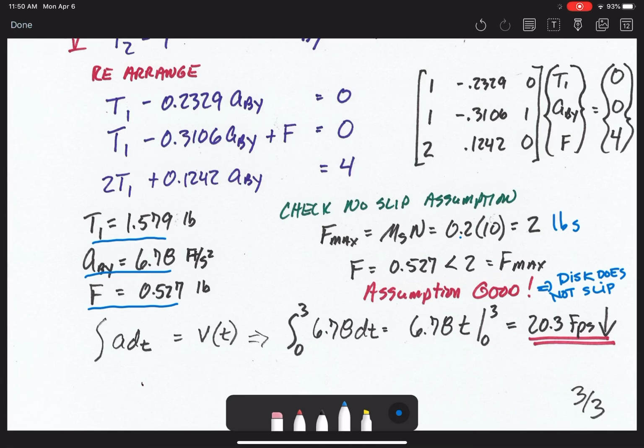So you see basically ABY, and they ask what is the velocity VBY after 2 seconds. So from that we have the integral, and it equals 20.3 feet per second going down, and that should be the answer.